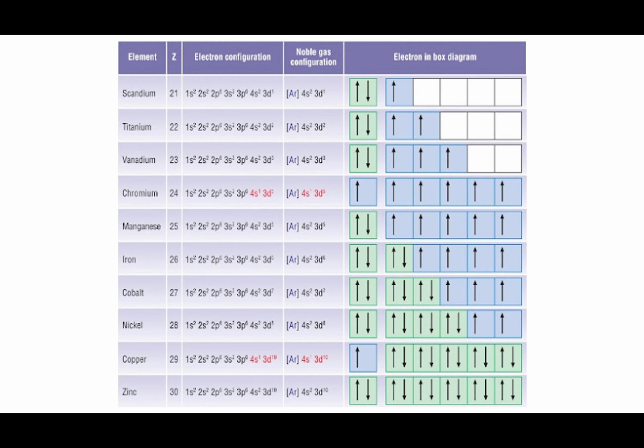Because the majority of transition elements, as you will see, all of them that contain the characteristics and follow trends, have unpaired electrons. Zinc does not. Therefore, zinc is not often called a transition element. Does that make more sense?